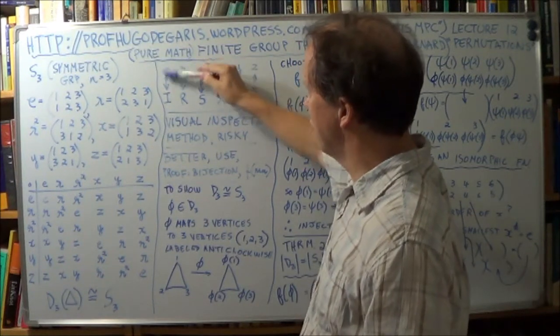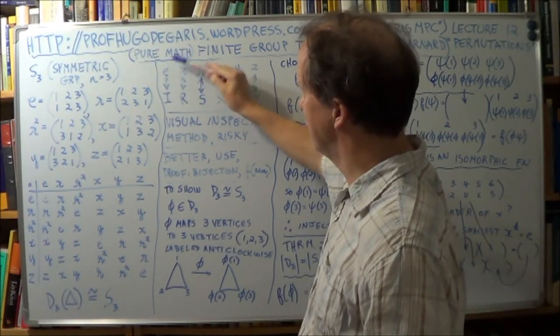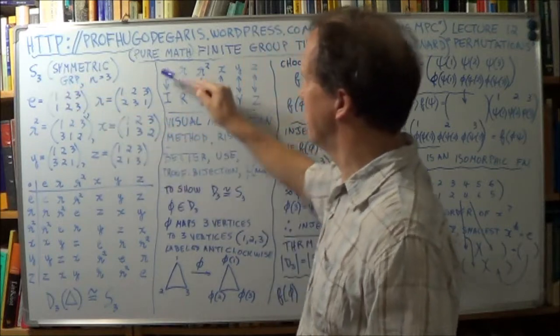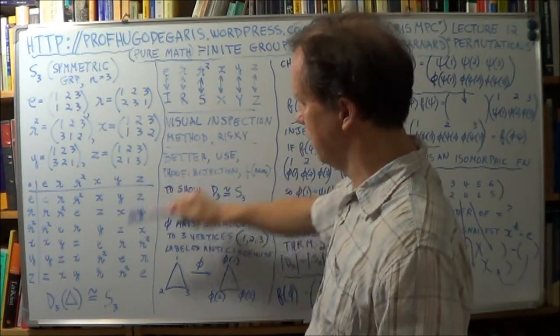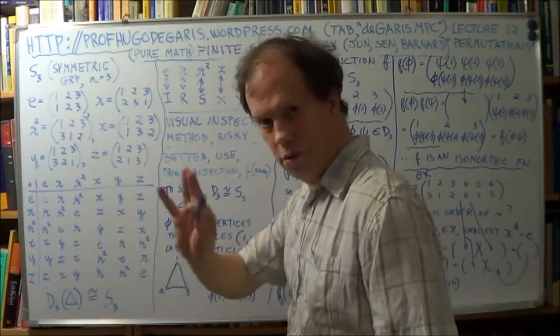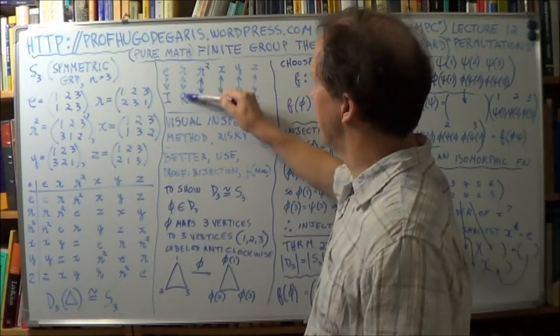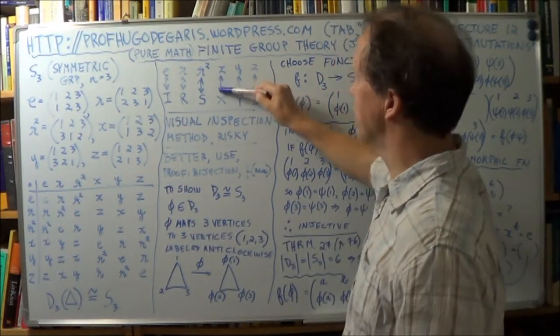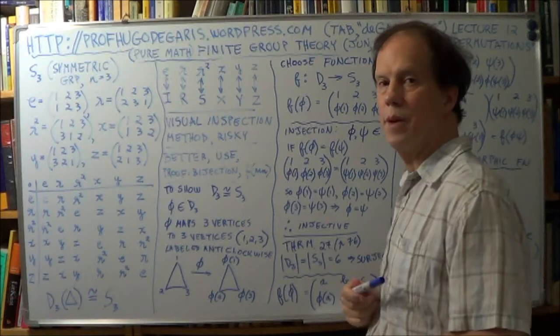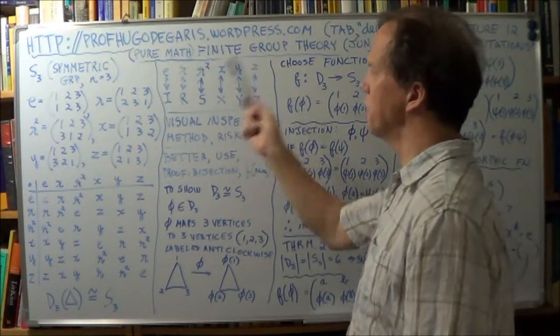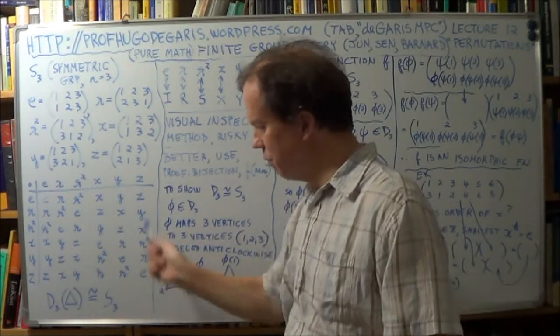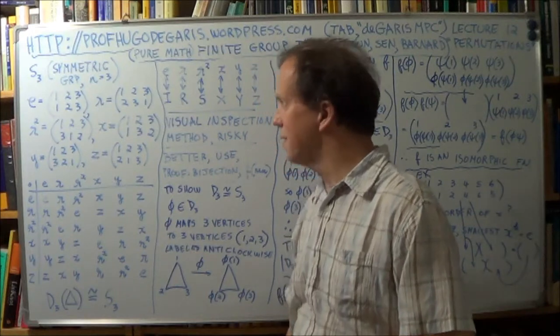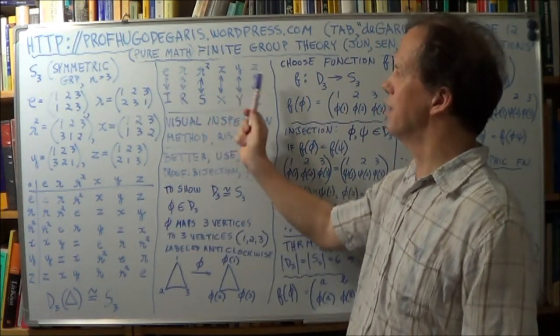So you just translate: the unit in this group maps to the unit in the triangle. Don't rotate anything, and so on. Okay, so I've put the arrows both ways, isomorphic. And that's just by visual inspection. You just look at the two group tables and you can see this obvious translation.